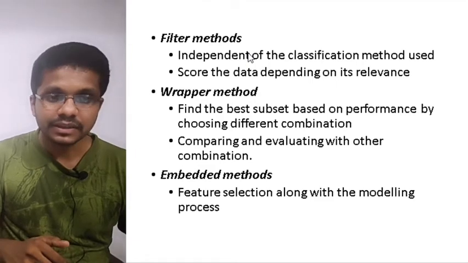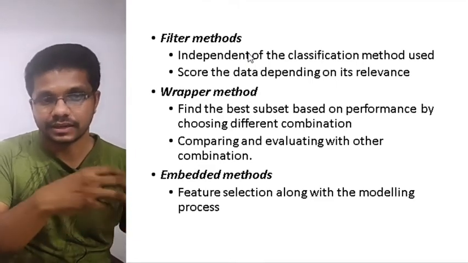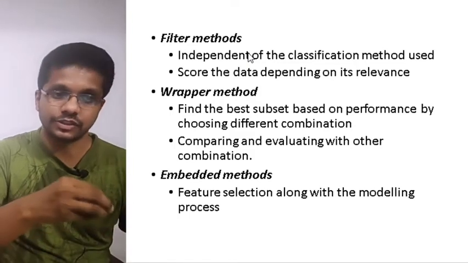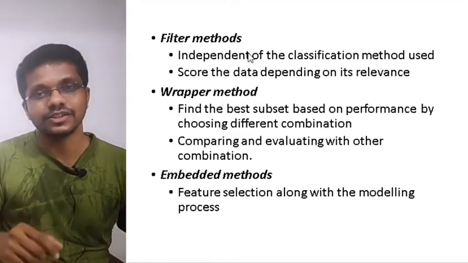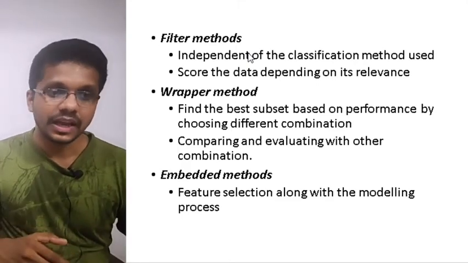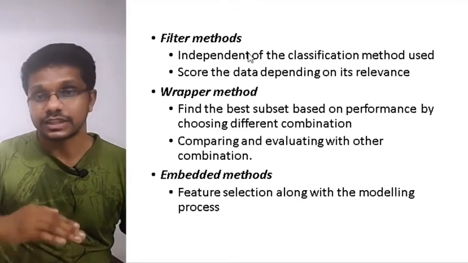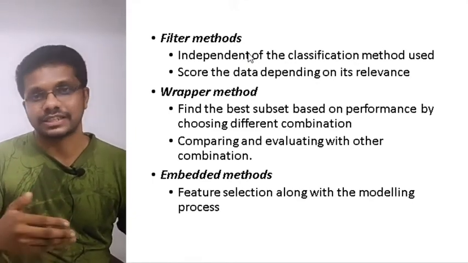In the wrapper method, we combine features into subsets, and the subsets are compared and evaluated against the other combinations, so we get the best combination out of these different subsets. In the embedded method, we use computer-aided modeling for the selection of the features.